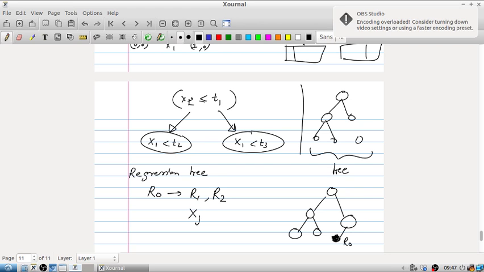We're only going to find a j such that xj is greater than some threshold t. We're going to find a j and a t. I've used s as a notation, I can use s. So we have p choices here.